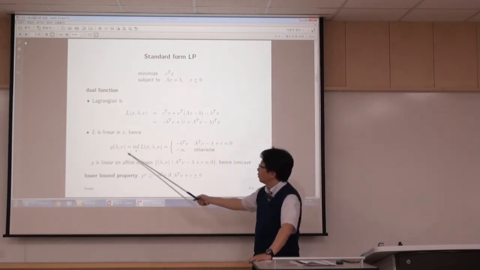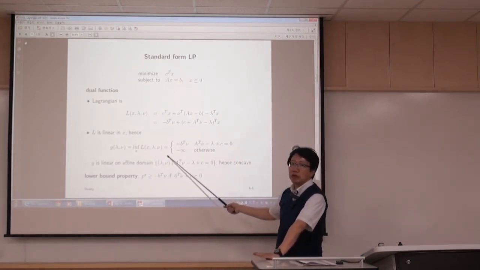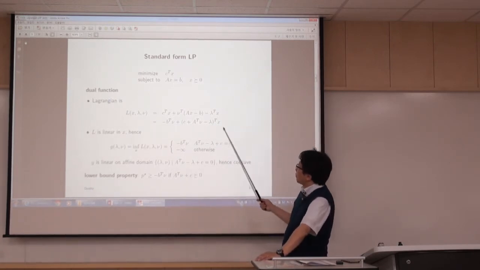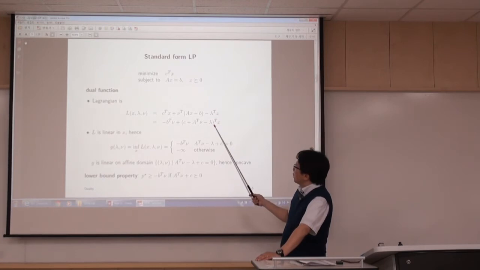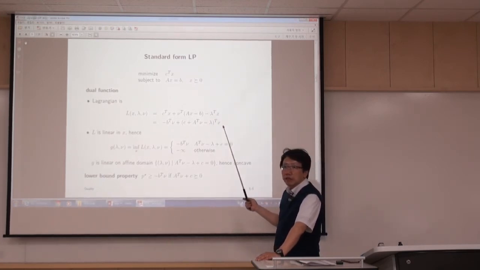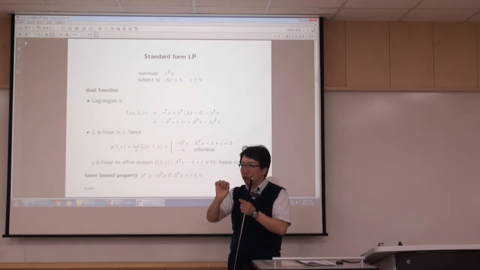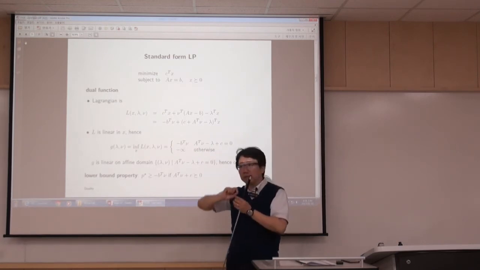So far so good. Now, what happens? The problem occurs here. x can be any vector. It could be very, very large in one of the components. Its magnitude could be very, very large.